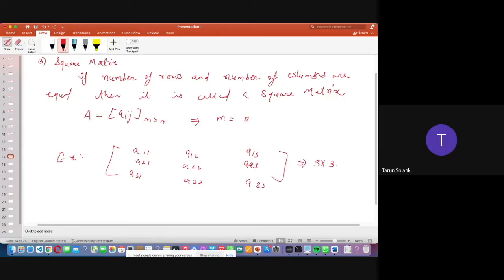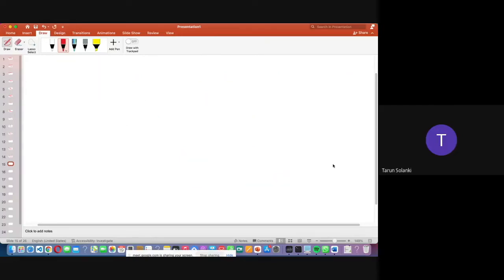And there are a few points to remember. First point, if m is not equal to n, then this is called a rectangular matrix.